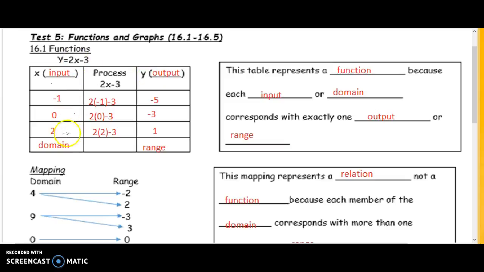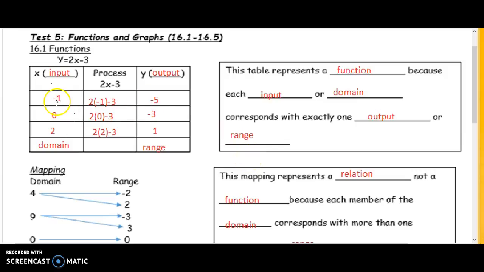We also get two other names for our input and our output. The set of the input is called the domain, and the set for the output is called the range. So this table represents a function because each input, or members of the domain, corresponds with exactly one output, or members of the range.